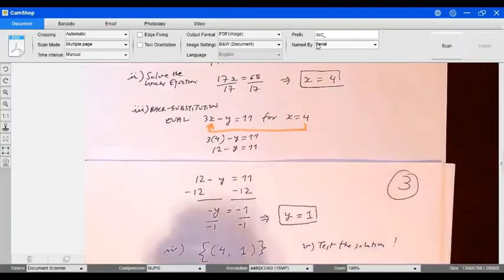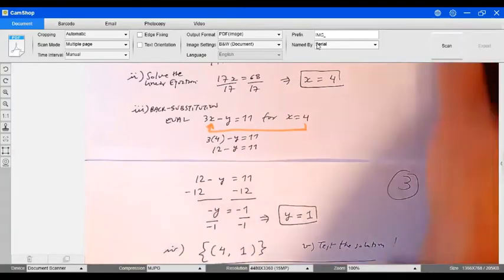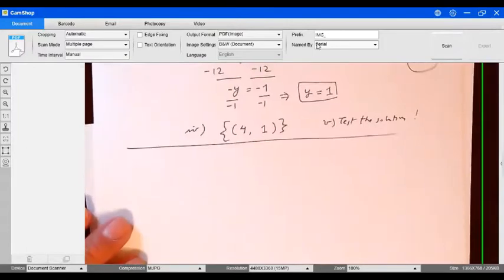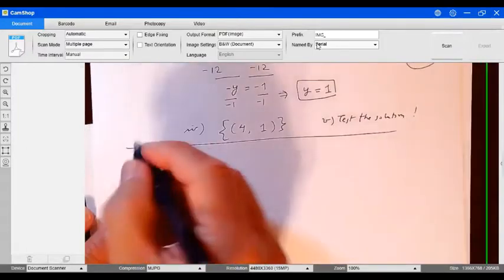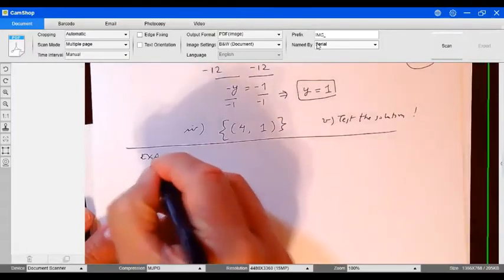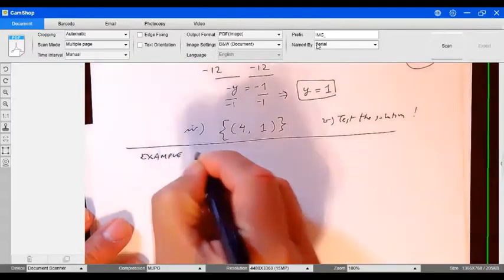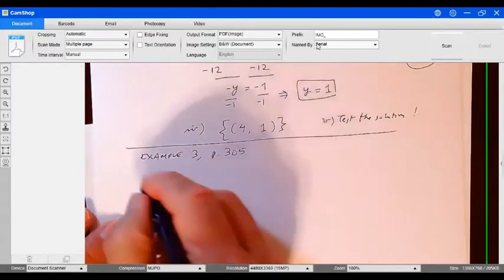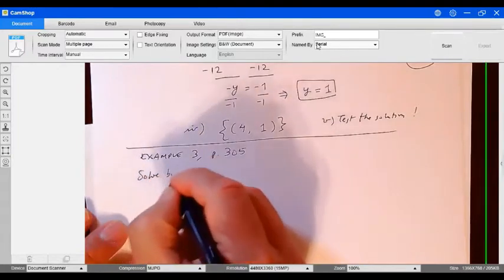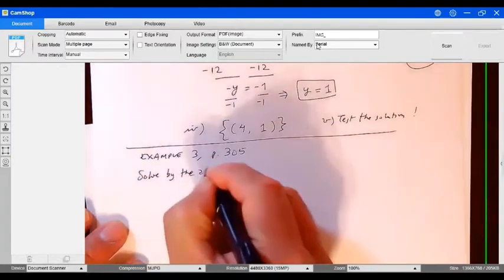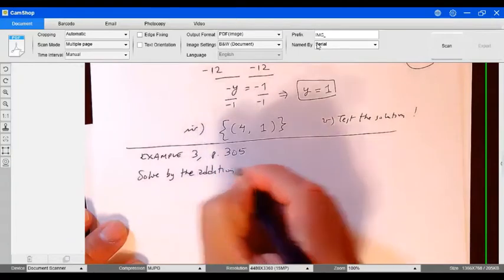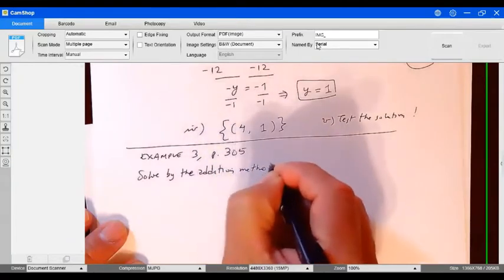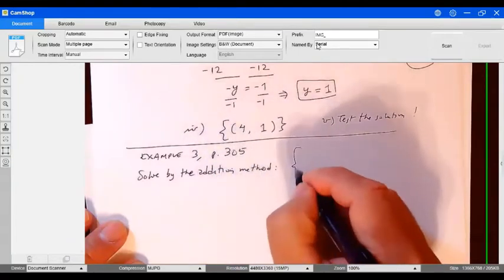So let's work one more problem. So I'm going to work now example 3, on page 305. So we're going to solve by the addition method the following system.